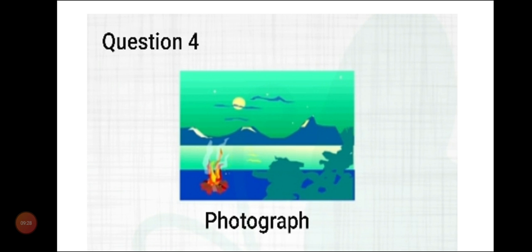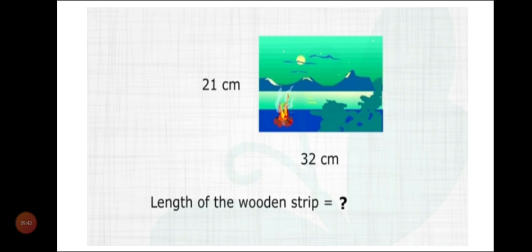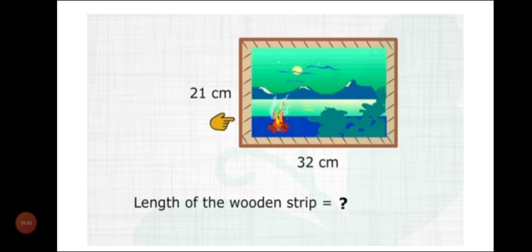See students, let us consider that this is a photograph and I want to frame it, and you all have seen the frame. We always put the frame on the boundary only. So its length and breadth are given to us. We need to find out the length of the wooden strip.